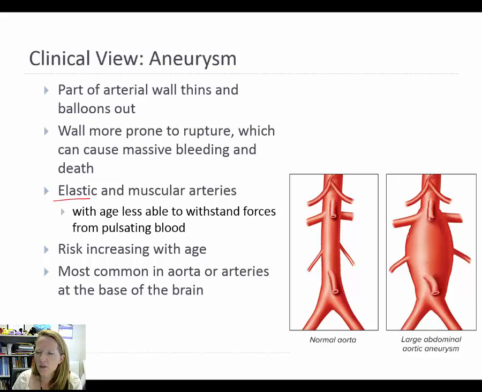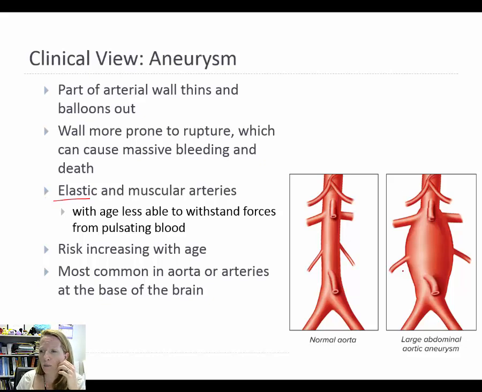And of course, if the wall is really thin, especially here in the aorta, because this is looking at the abdominal aorta, it needs to be a nice thick wall layer, because if it's really thin, this can rupture, and that's what a ruptured aneurysm is.